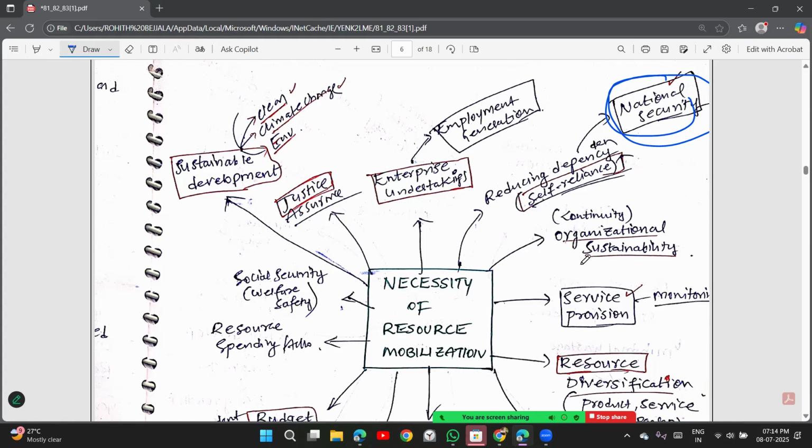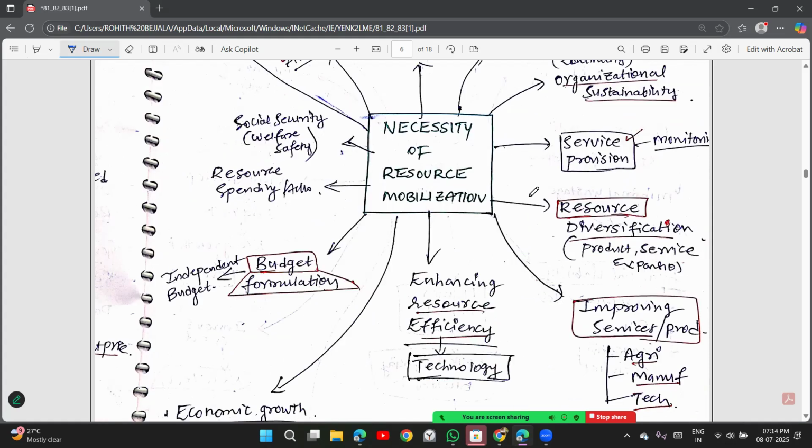It will be sustainable. It will be able to provide the basic necessities to the rural population. So all these things will happen. And next, if resources are properly mobilized, then there will be good service provision. We will be able to monitor it well.